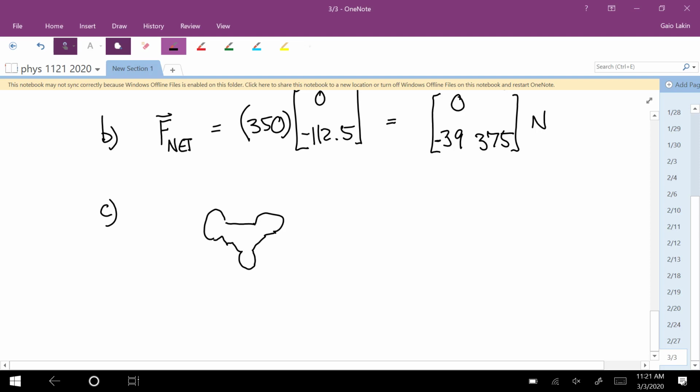Okay, so what forces are acting? There's a weight force coming from the center of mass. So that's 350 times 9.81. And now go around the boundary of what we're isolating, looking for contact.